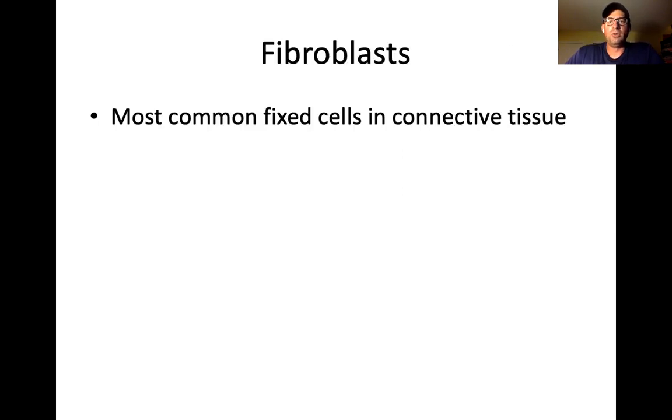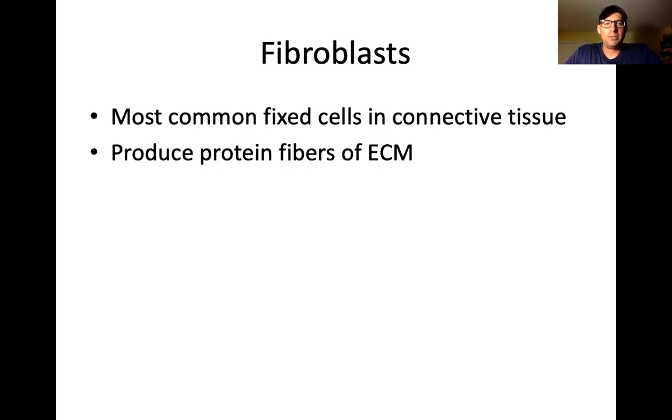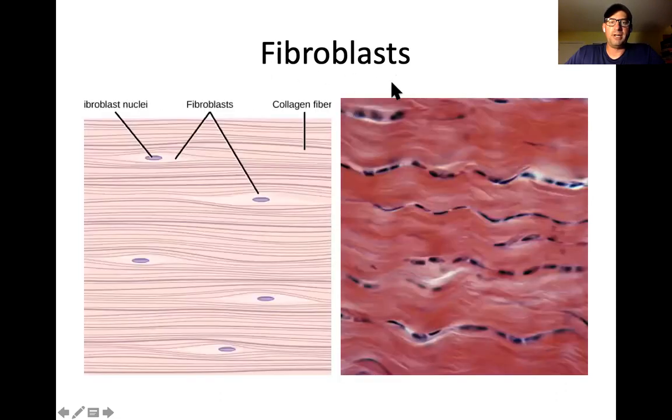Okay, so the most common type of fixed cell in connective tissue is called a fibroblast. And these are the ones that produce those protein fibers in the extracellular matrix. The suffix blast means to generate or produce. And so what they're generating or producing are these protein fibers, hence fibroblasts, generating fibers, and they're protein fibers.